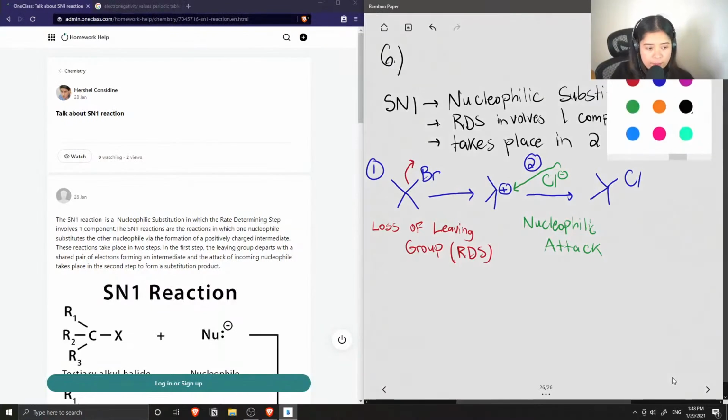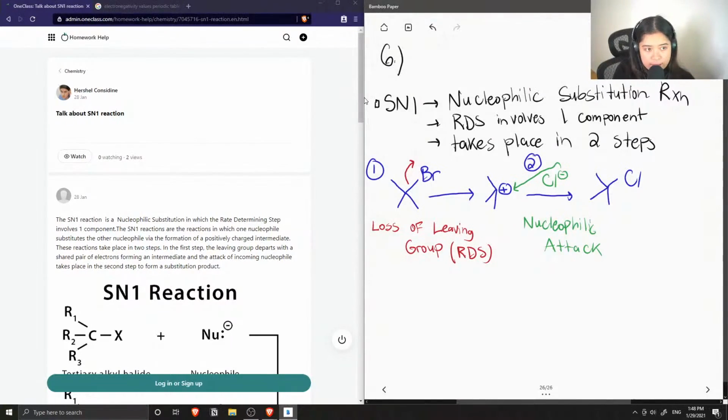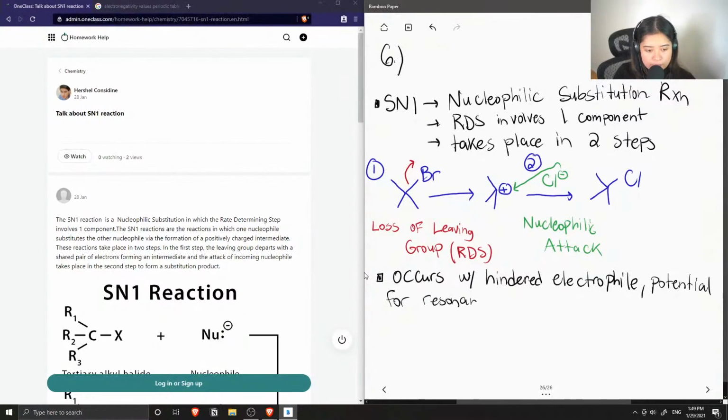So there are different factors that can tell us when an SN1 reaction may occur. Typically, SN1 reactions occur with a hindered electrophile, and if there's any potential for resonance stability.